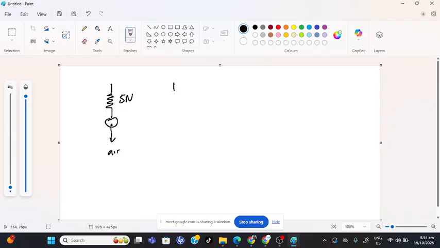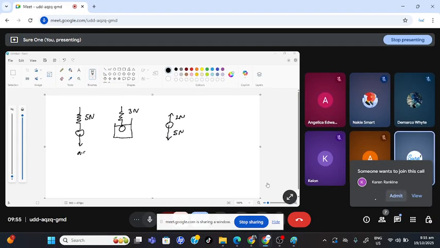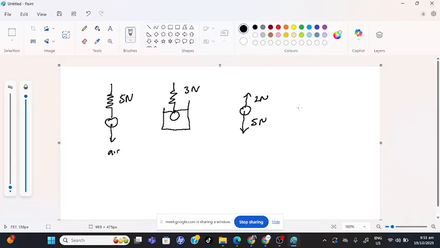Now if I put the same stone in water, for argument's sake, I'll get 3 newtons. If I draw a diagram, we had 5 newtons going down, and it became 3 newtons because I had 2 newtons going upwards. With 2 newtons going upwards, our resultant force is 3 newtons going downward.